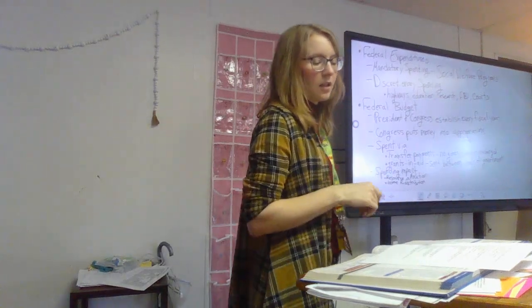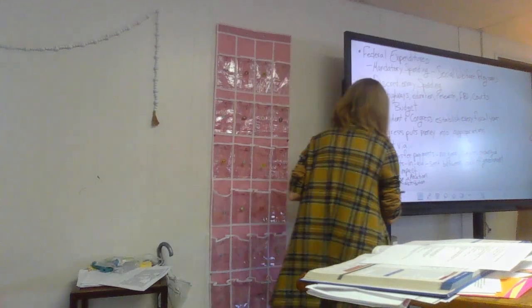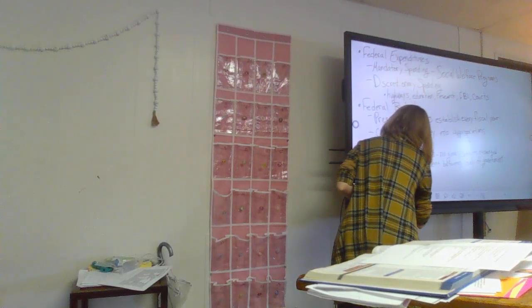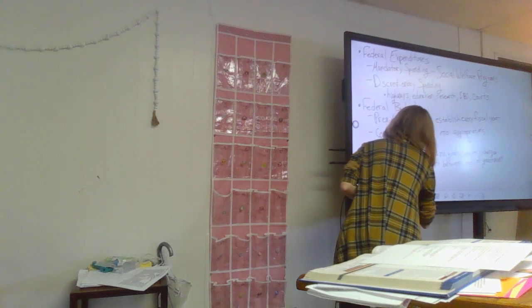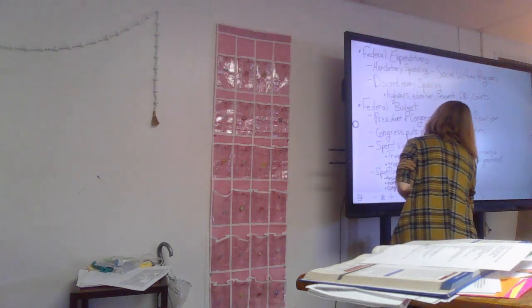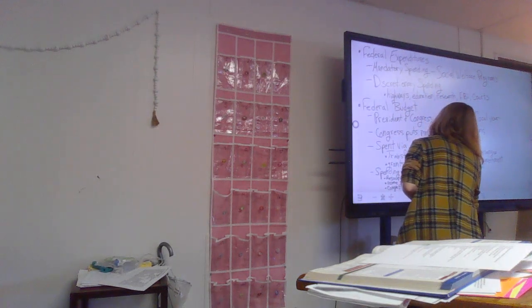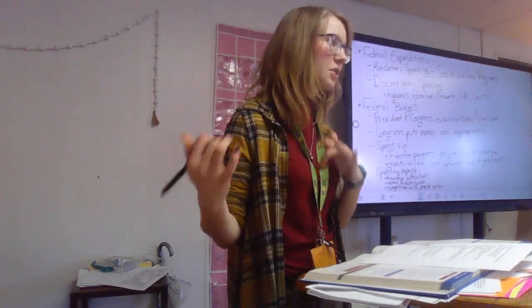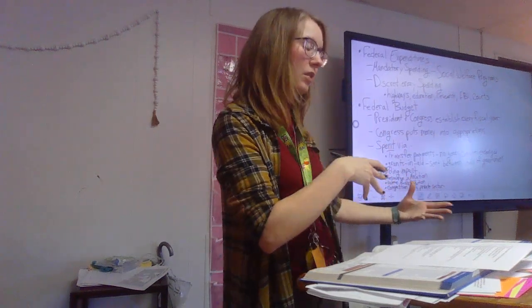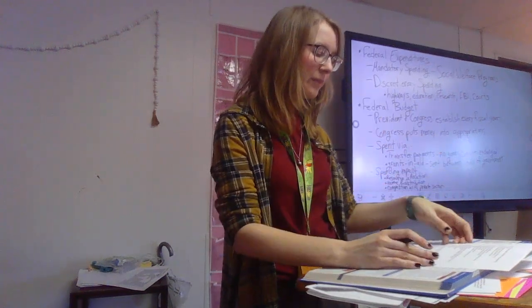And then it also creates competition with the private sector. So private businesses have competition with the government in creating different goods and services because the government can pay for some of its own goods and services for people.